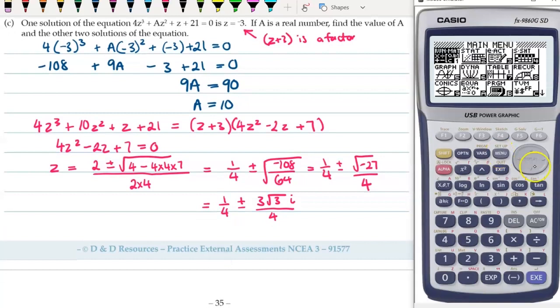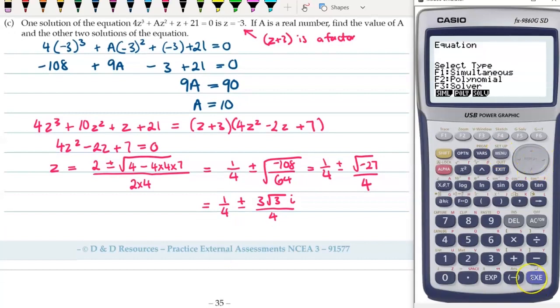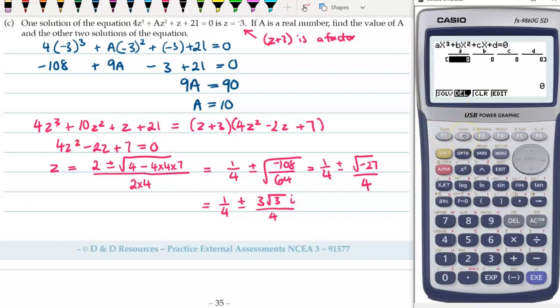You can also check that one on your calculator using equation solver. So if we do equation solver for a polynomial of degree 3, and put in the cubic that we had to begin with, then we've got 4 in the place of A. We had a 10 in the place of B. We've got C is 1 and D is 21.